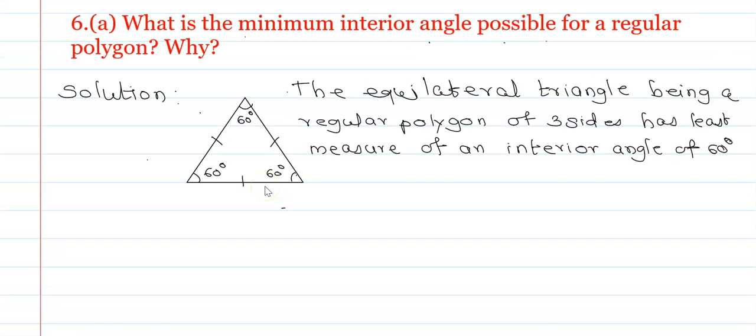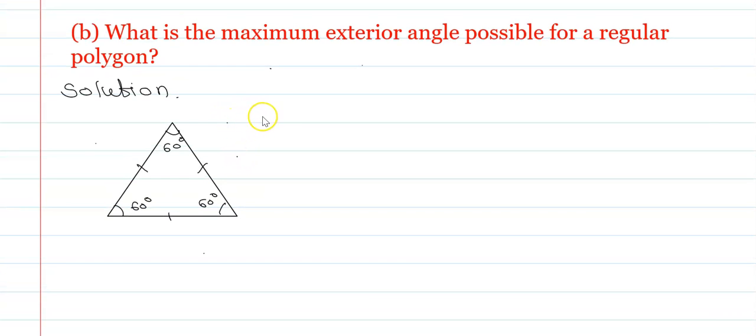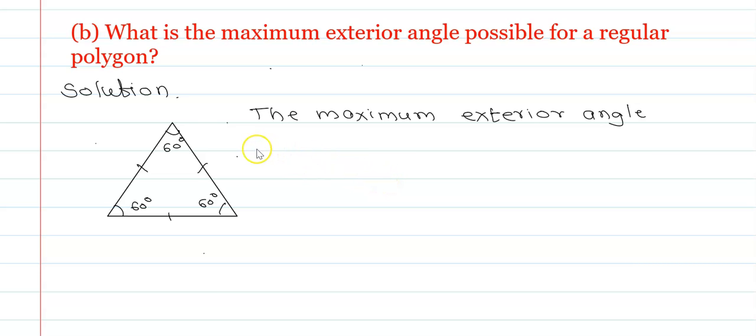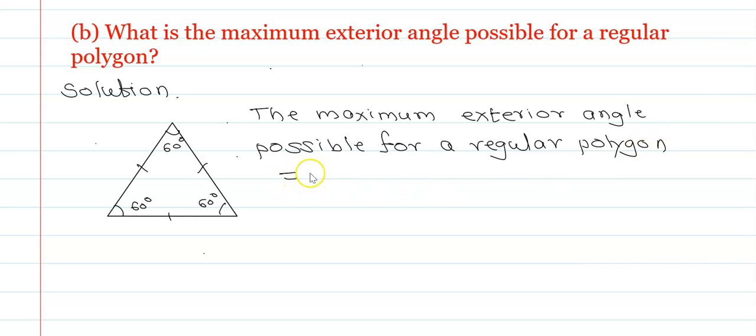From the above, it's clear that the least interior angle is 60, and therefore the maximum exterior angle possible for a regular polygon is equal to 180 minus 60, and that is equal to 120.